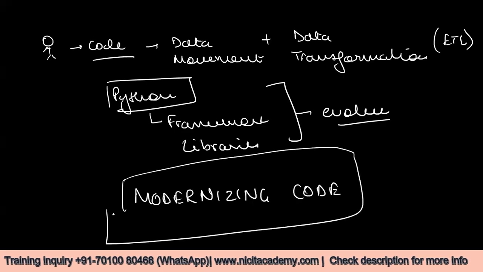So you would have heard of this term. Have you heard of this term? Modernizing code, migration and modernization. Have you heard of these two terms at least? Migration and modernization. No? All right. Migration means that you're picking up your existing workload from the on-premise environment and putting it on the cloud environment.